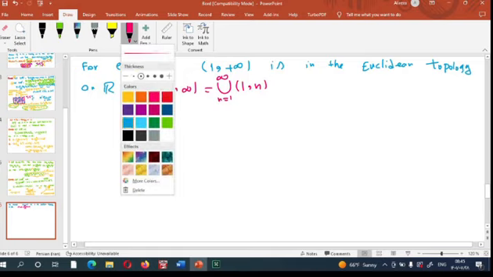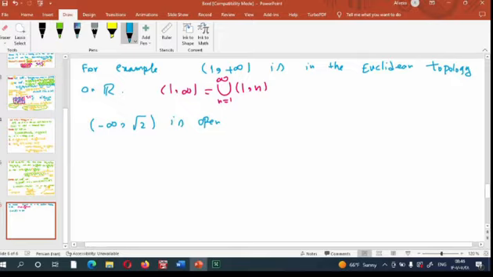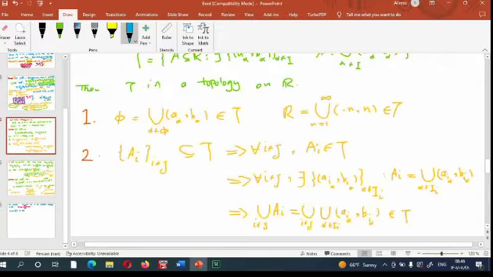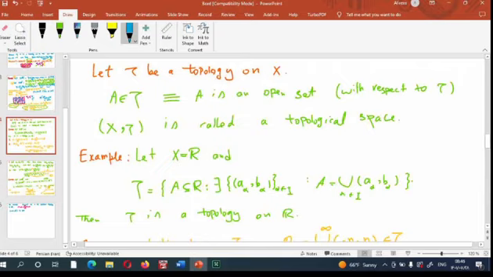Or similarly, this set is in the Euclidean topology, or is open in this topology, because please note that for any topology on X, A belongs to tau if and only if A is open with respect to tau.